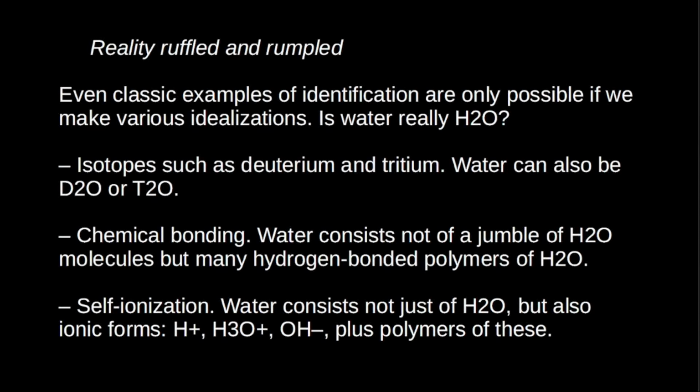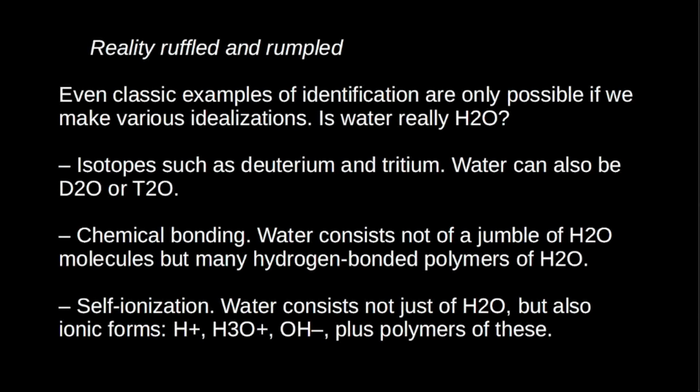Second, due to chemical bonding of water, in any sample of water there will not just be a jumble of H2O molecules, but many hydrogen-bonded polymers of the H2O molecule. Third, due to self-ionization of water, there is in any sample of water not just H2O, but ionic forms such as hydron, hydronium, and hydroxide, plus polymers of these.